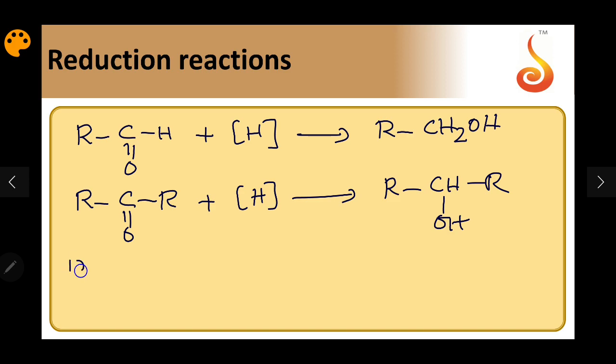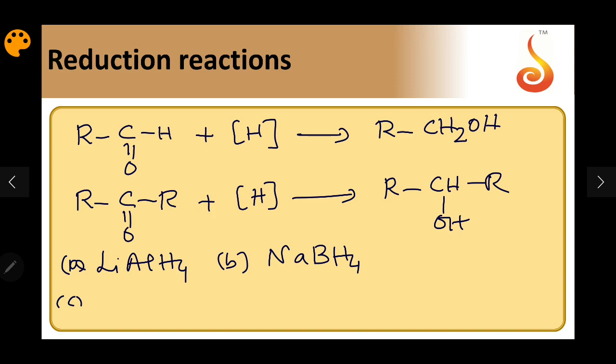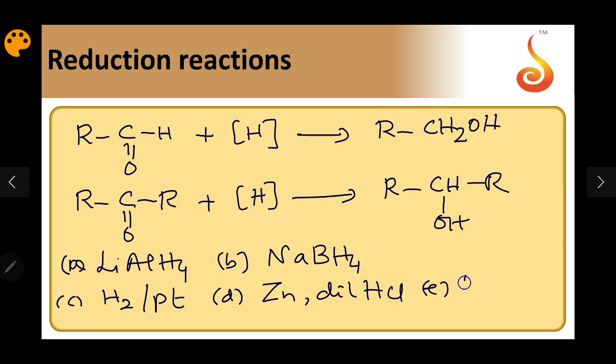I can use lithium aluminium hydride, sodium borohydride, H2 with platinum, palladium or nickel. I can even use zinc and dilute HCl, or Na and ethanol. These are some of the reagents which can reduce aldehydes and ketones to the corresponding alcohols.